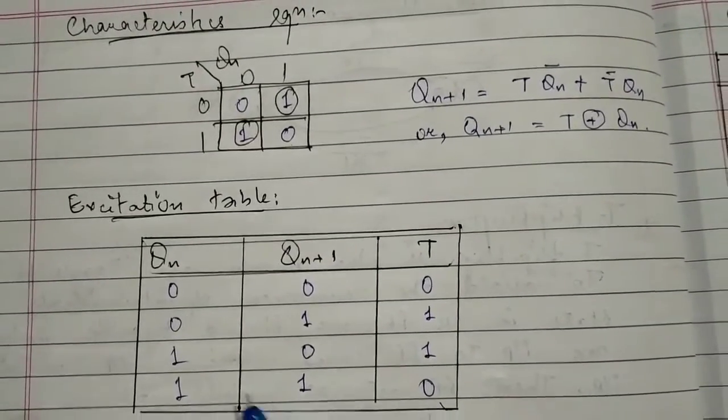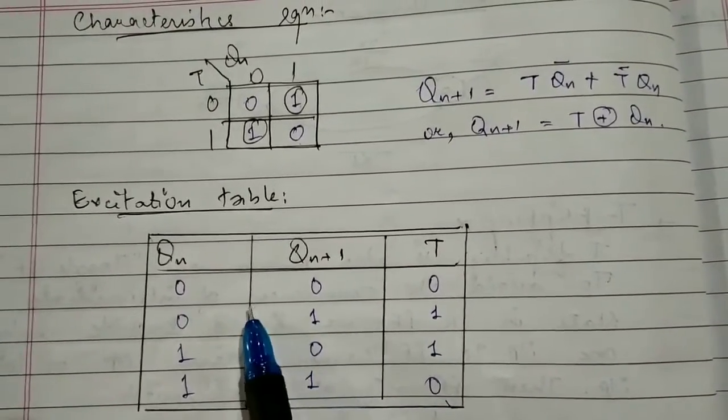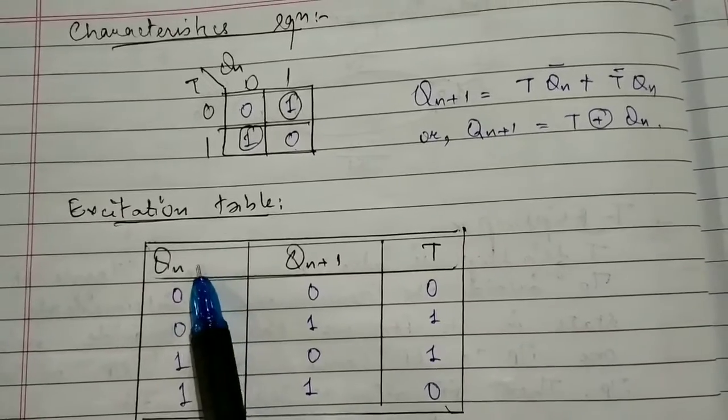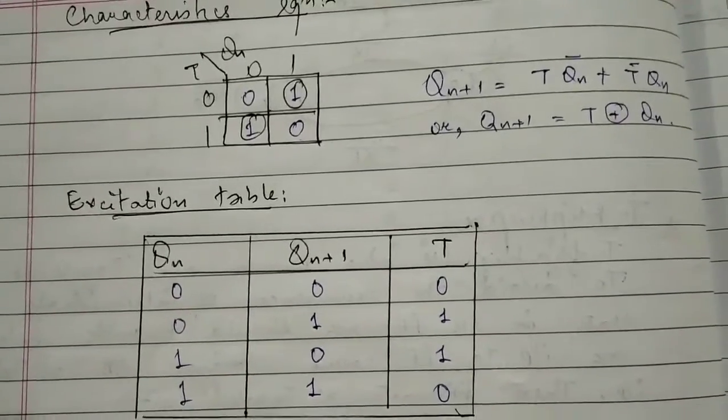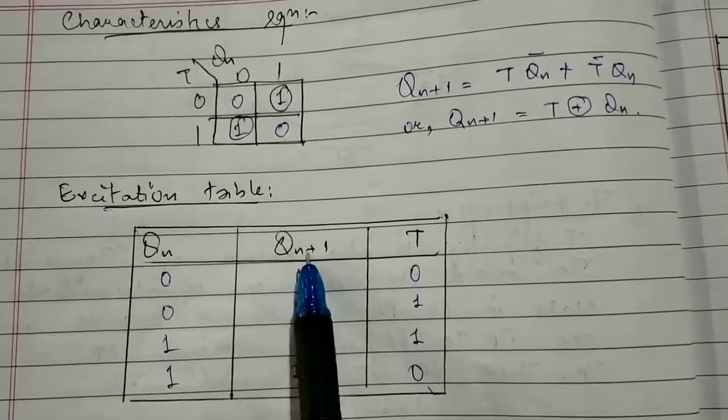Now the excitation table of the T flip-flop can be found from the characteristic table. We plot the necessary inputs, that is the present state and the next state.